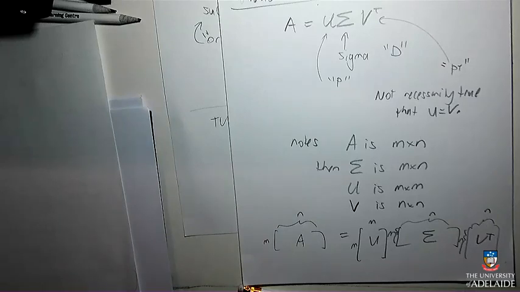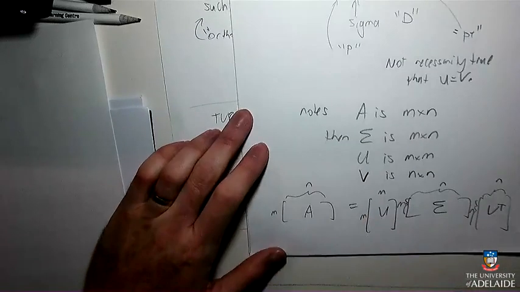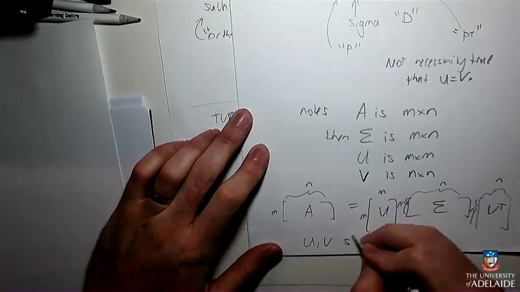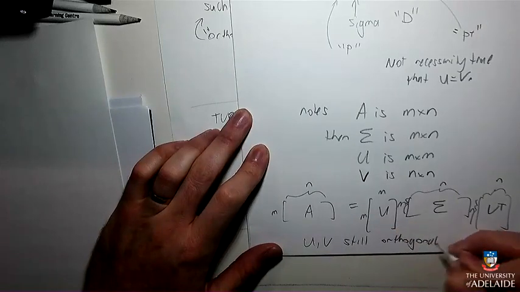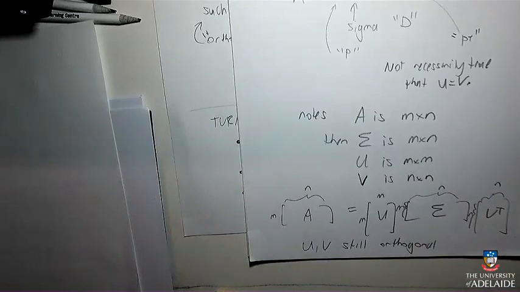So also it's very important that they are still orthogonal matrices. Meaning that U transpose is the same as U inverse, and also meaning that the columns of U are an orthonormal basis for whatever they're an orthonormal basis for, and the columns of V are an orthonormal basis.